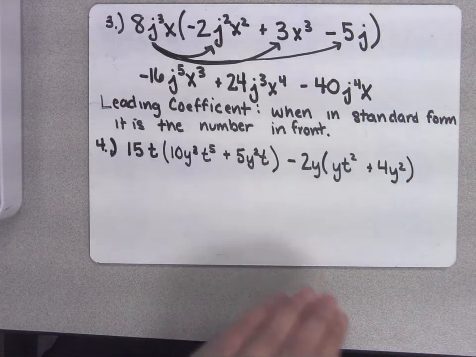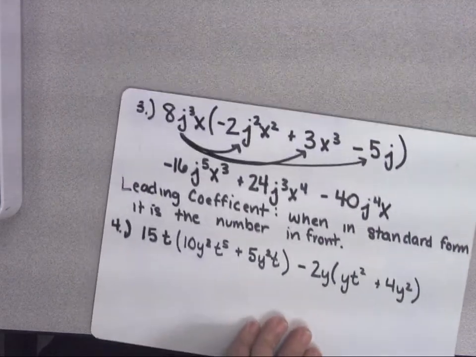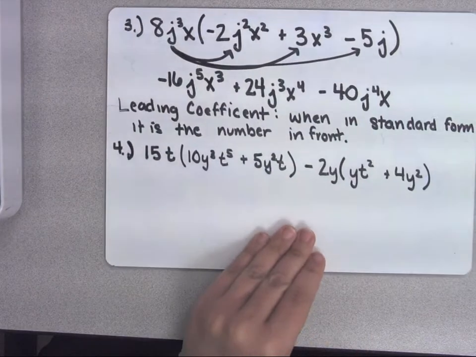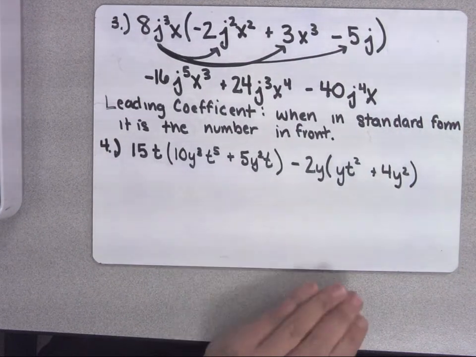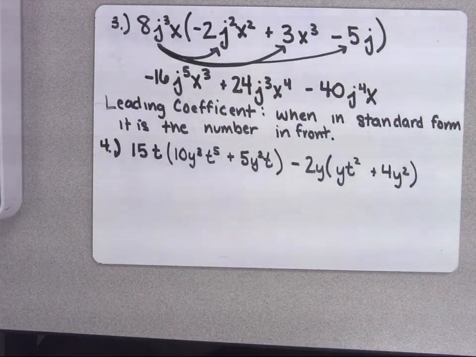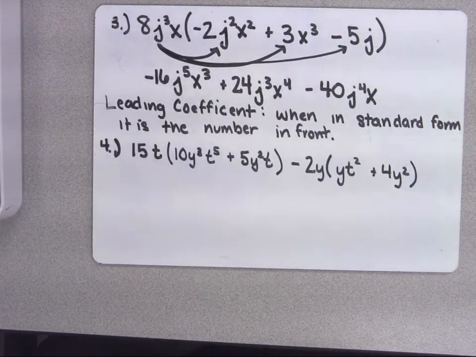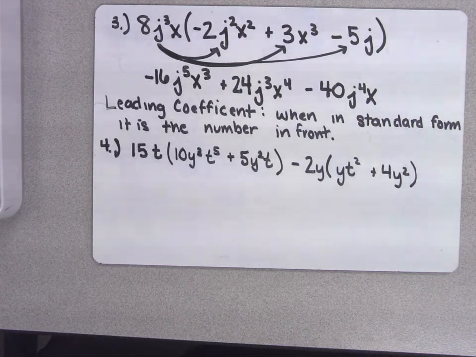We get anywhere yet? Remember, you cannot add them unless their variables are exactly the same. So you can't add things together unless they both have like y squared, t squared, or y to the third. I just left him as yt, but yes.